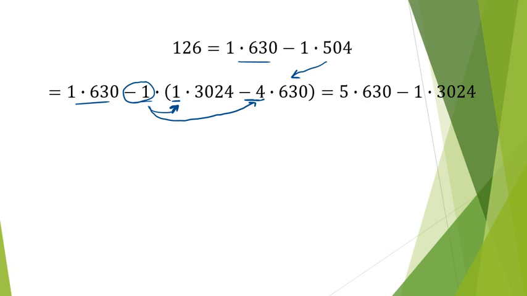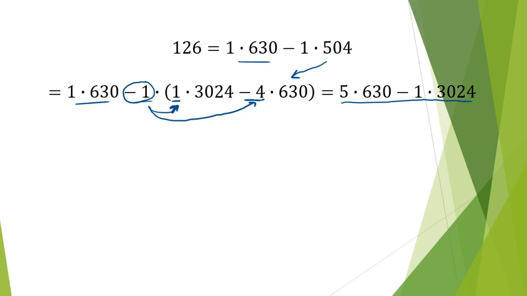You want to leave the 630 and the 3024 as they are, because we'll be making substitutions for the 630, and we're going to see that 3024 is one of the final numbers we want to see when we're all done with our work. So now we're at this stage. We're at 5 times 630 minus 1 times 3024.